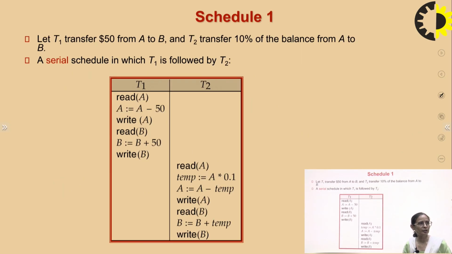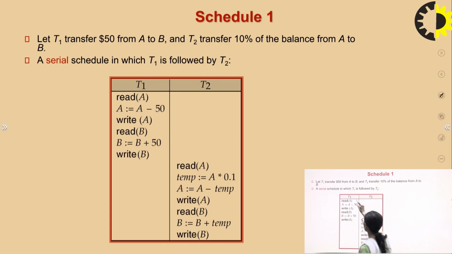In this particular schedule, in T1 we are transferring $50 from A to B, and in transaction T2 we are transferring 10% of the balance from A to B. So this is a schedule.